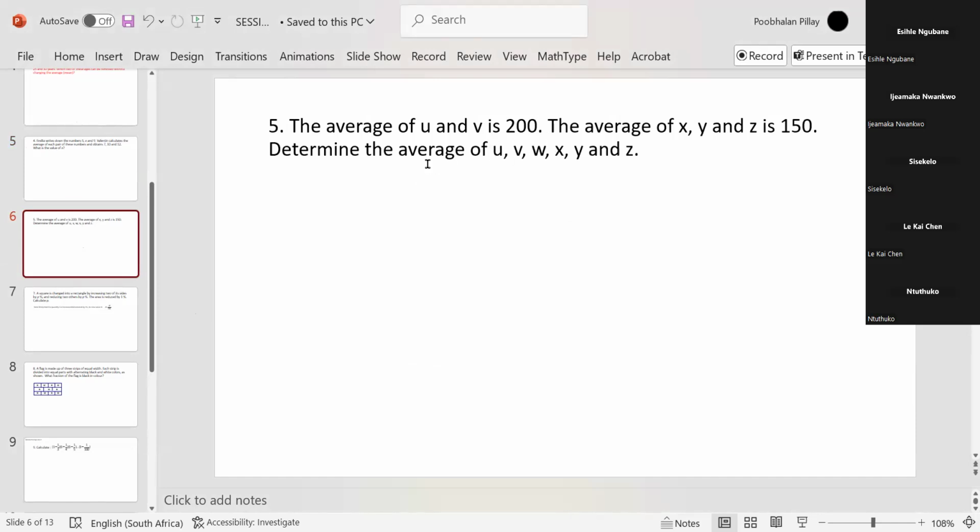Now, you're not given these numbers. You have two numbers, and the average of that is 200. The average of X, Y, and Z, another 3 unknown numbers, is 150. Determine the average of U, V, W. Oh, there's no W. Actually, this is a second error. Please note that in your problem book, there is an error there.